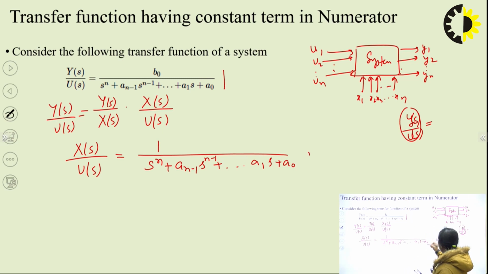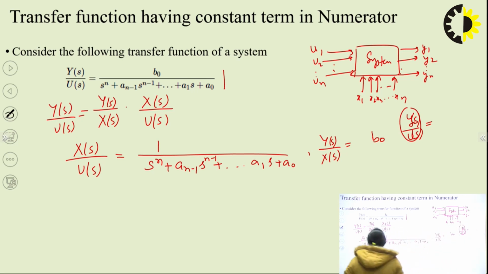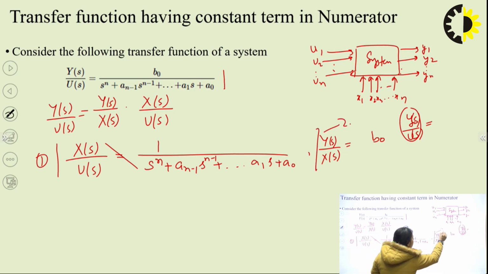And Y(s) upon X(s) will be the constant term in the numerator, that is b naught, right? So I will solve this case, and then I will solve the other case.